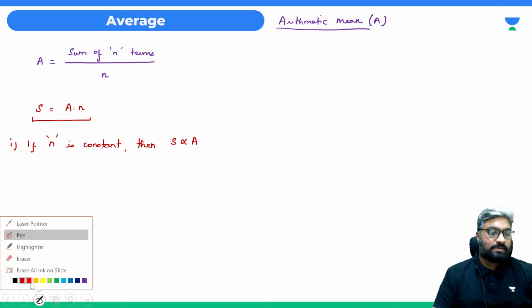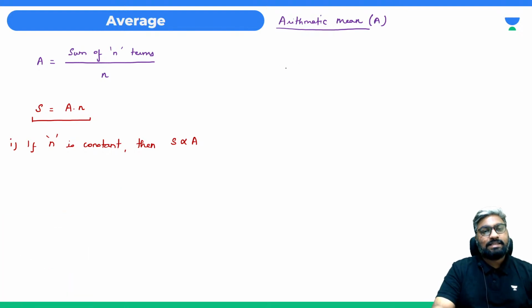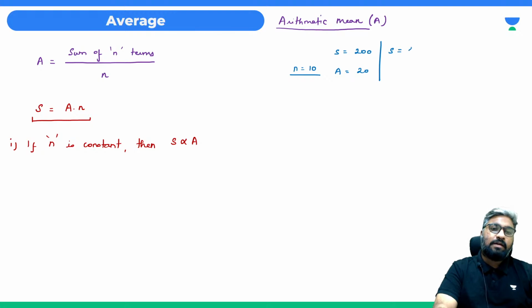Let's take a simple example of this. Let's say there are 10 terms. Number of terms is 10. Let's say the sum is 200, then the average is 20, correct? 200 by 10, 20. What happens if the sum becomes double?